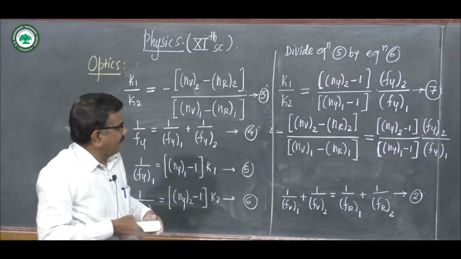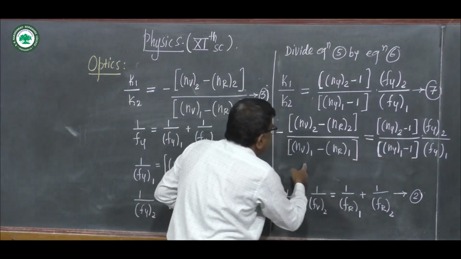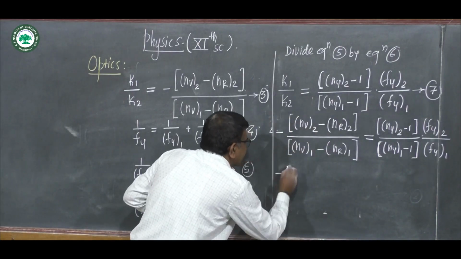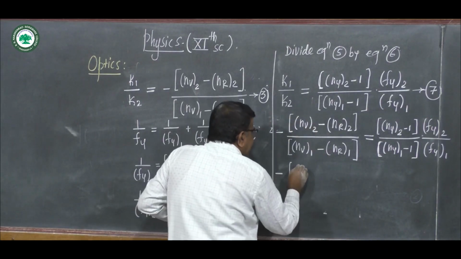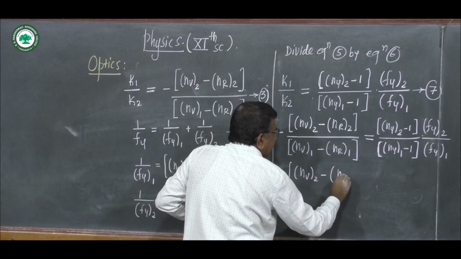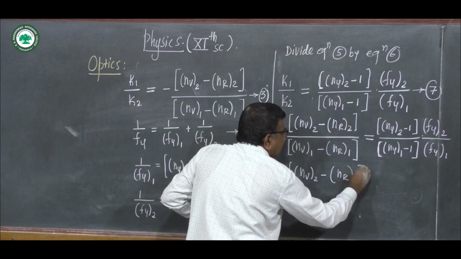Now see here, cross multiplication, and we get the next step as minus in bracket (nv2 minus nr2).